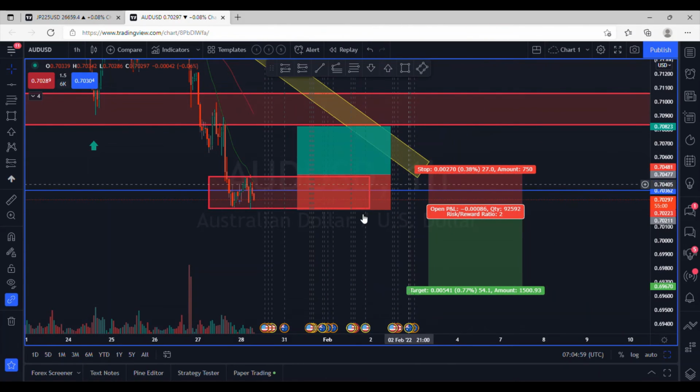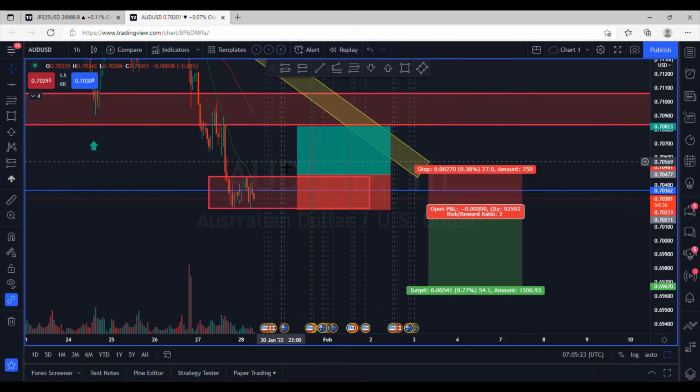But say if price does decide to come up, what it will normally do is come back down, retest this area, and then go back up. So if price comes up, rolls back down again, and hits the support, it'll be a new support because you've had consolidation and a breakout.